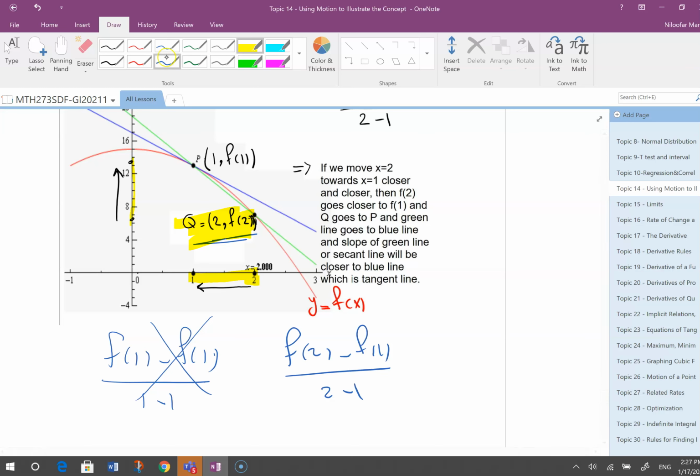So this green line goes closer to this blue line. When I start from 2 and go closer and closer to 1 on x, I go closer and closer on the y-axis, and the green line goes closer to the blue line. The slope of the green line is going closer and closer to the blue line.